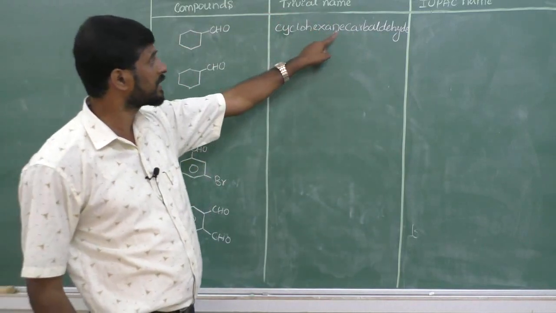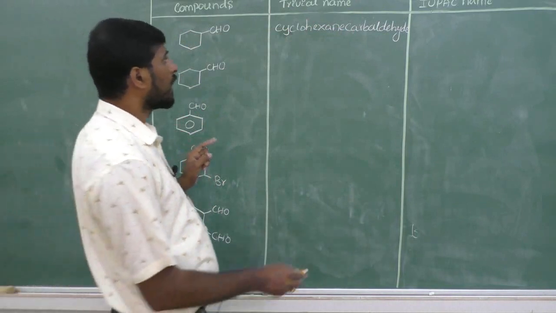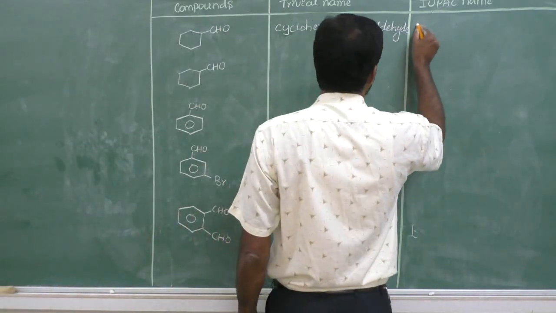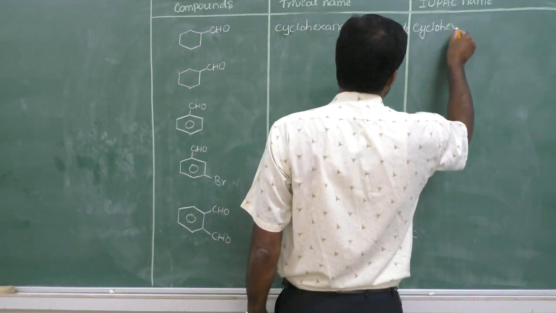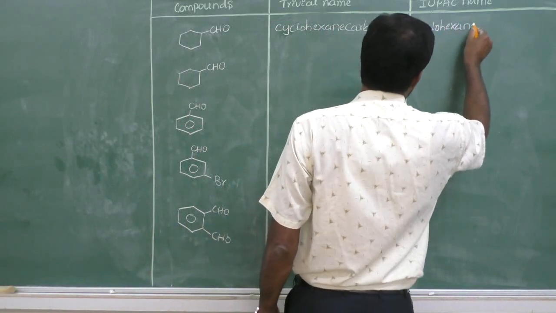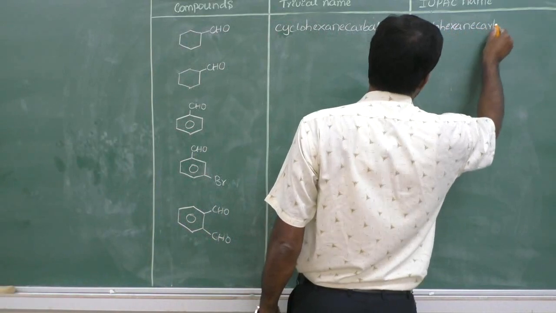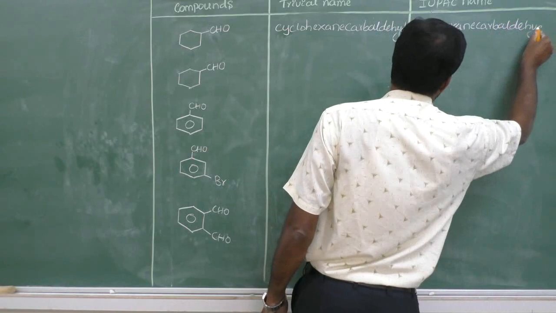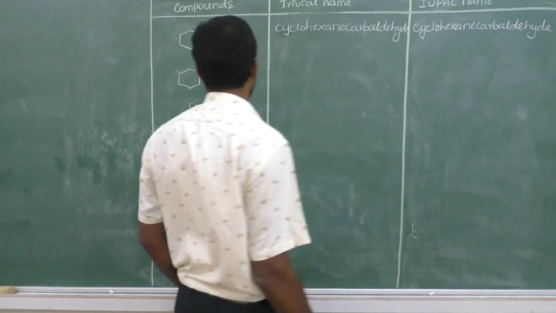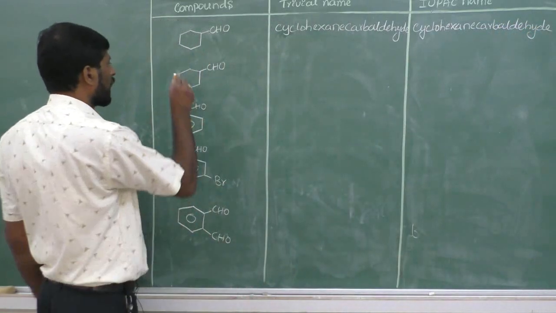The last E is retained. So, in the IUPAC system also, it is cyclohexanecarbaldehyde.